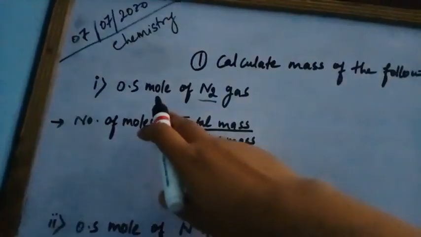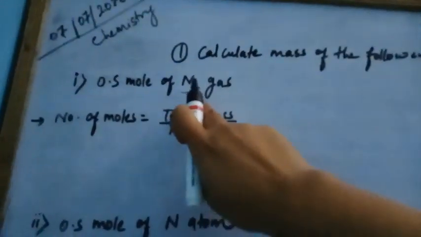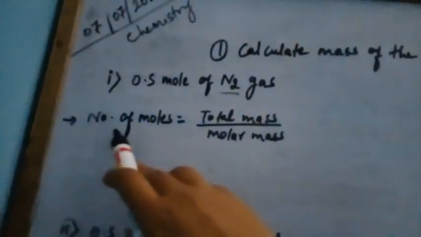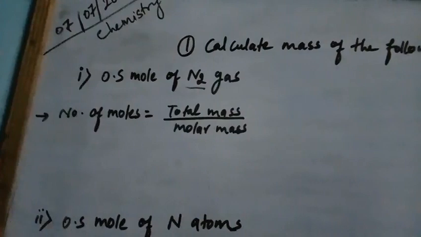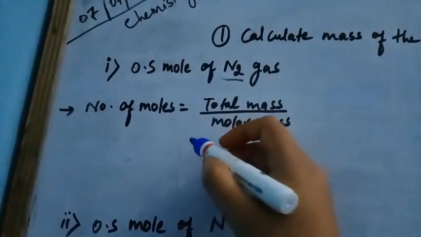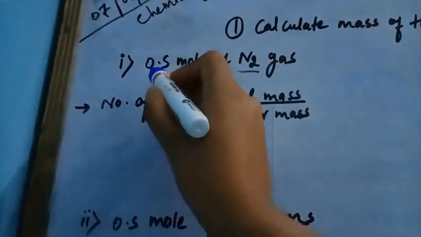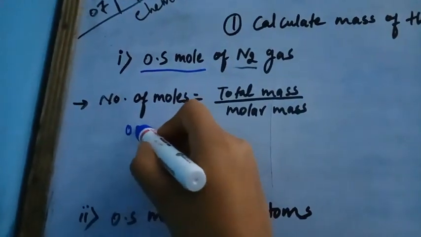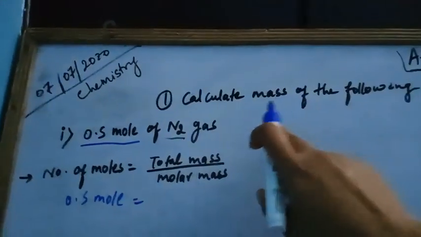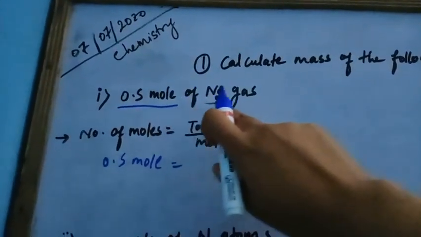So to calculate the mass of 0.5 mole of N2 gas molecule, we can use the formula number of moles is equal to total mass by molecular mass. Okay, so directly the number of moles given is 0.5 mole, and mass we have to calculate, as the question is asking to calculate the mass of 0.5 mole of N2 gas.